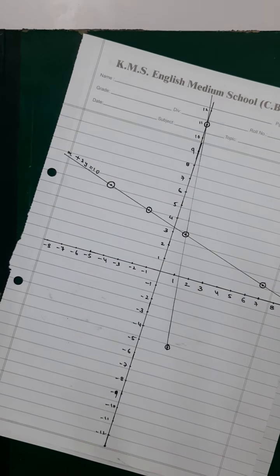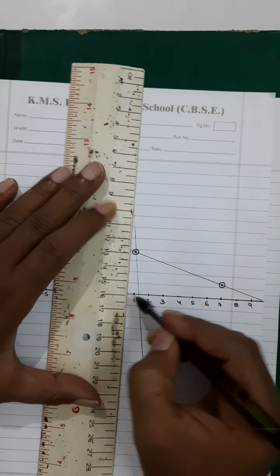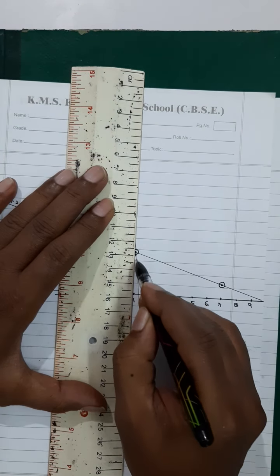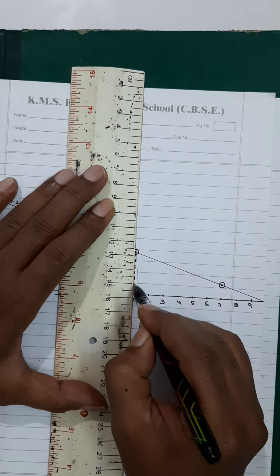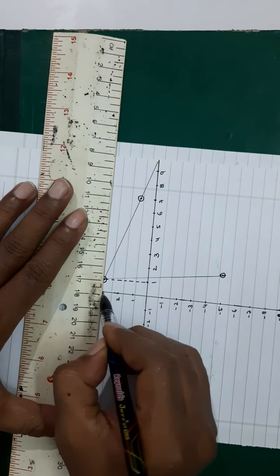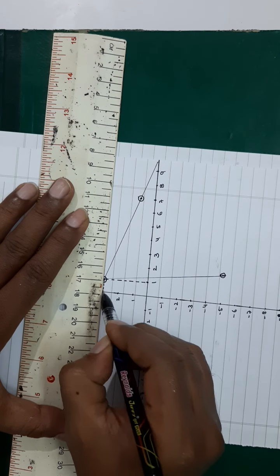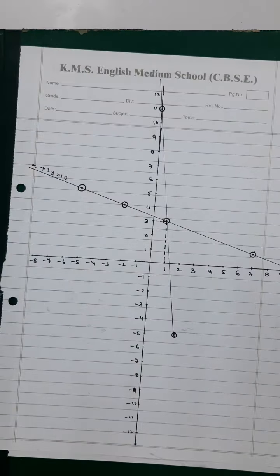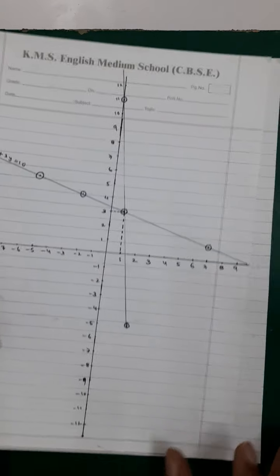So it's okay. Still you are performing well. What is the problem? This is your x and this is your y. Finished.